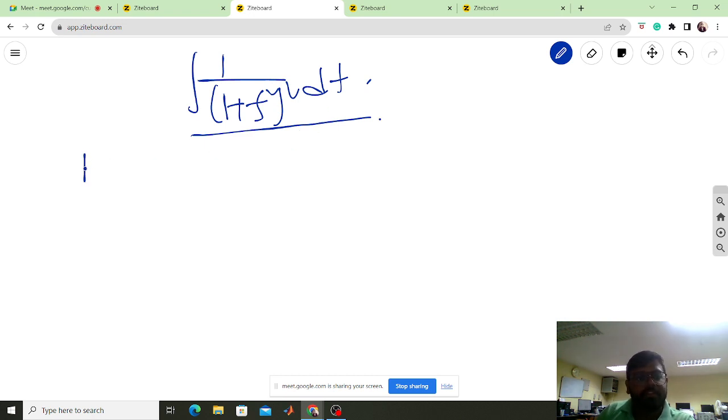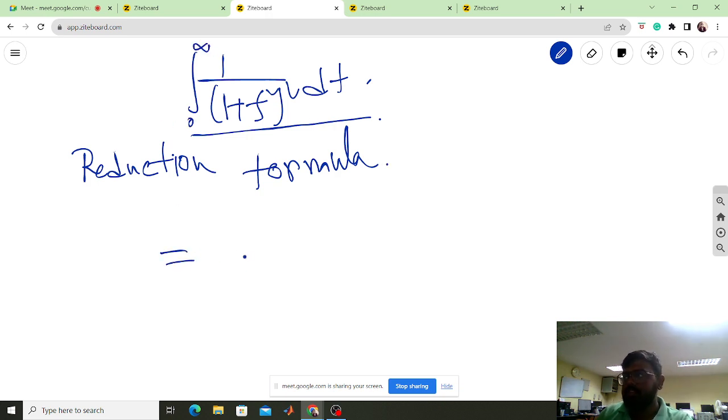So if you use the reduction formula here, you just can write it as... just solve this integration.